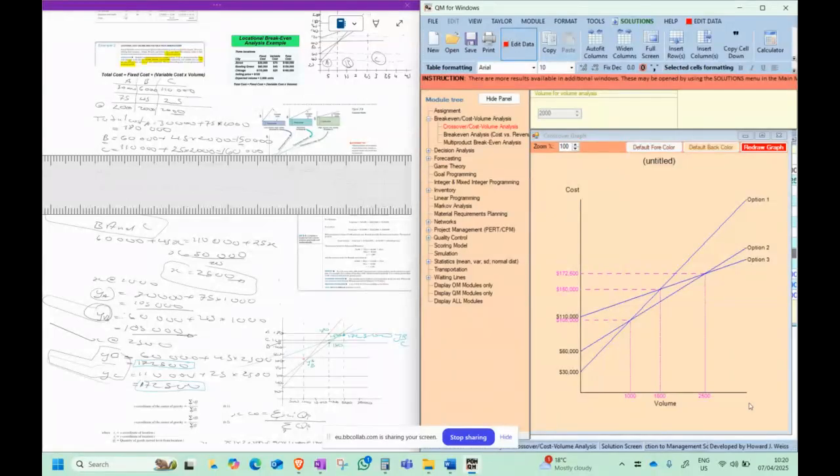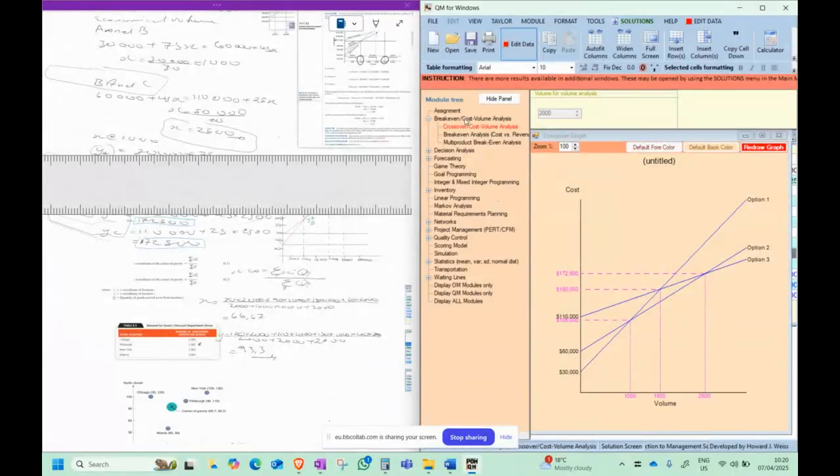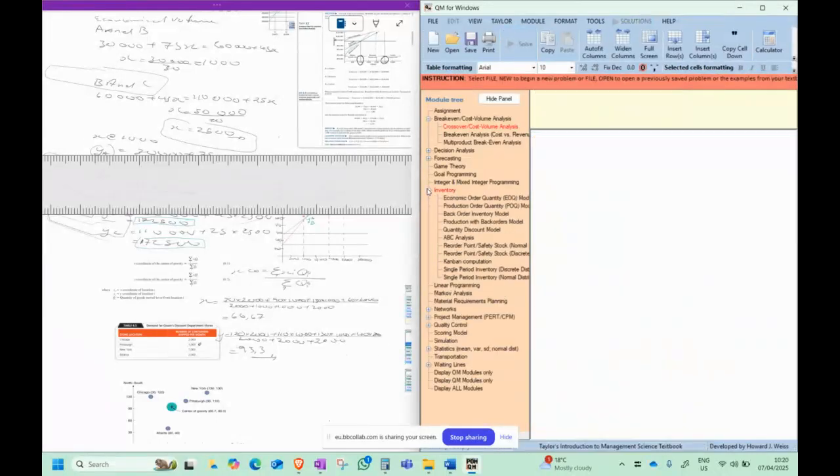So you see this, and even for this other one, you can find it. For a matter of fact, you can find the one for center of gravity.